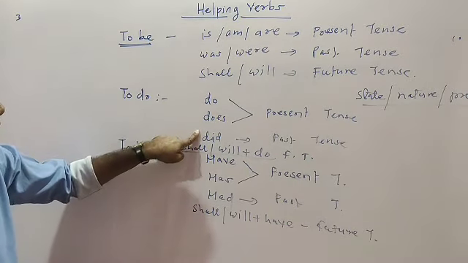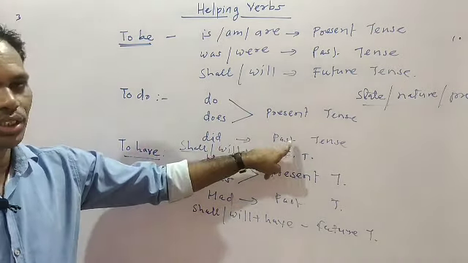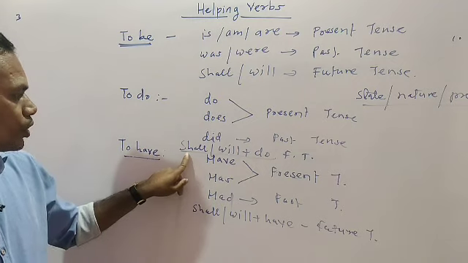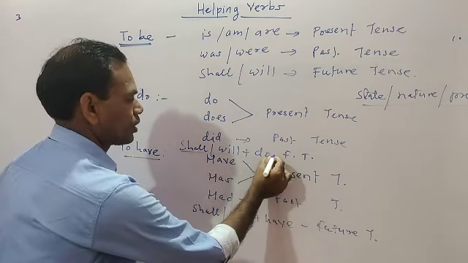Do, does, did: do and does are used in present tense, did is used in past tense. Shall, will plus do is used in future tense.